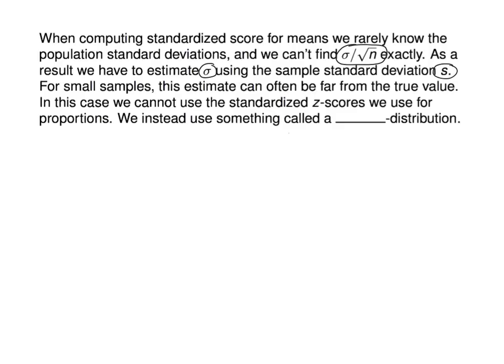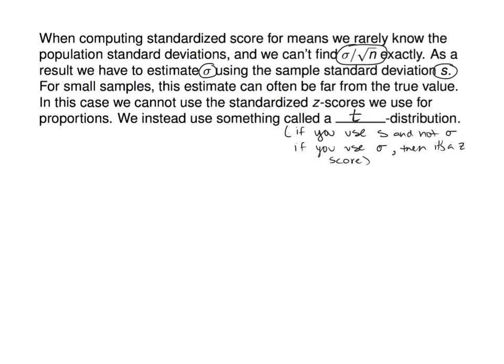In this case, we cannot use the standardized z-scores we use for proportions. We use instead something called a student's t-distribution. Now you only need to use that t-distribution if you use S and not sigma. If you use the true value, then it's a z-score.